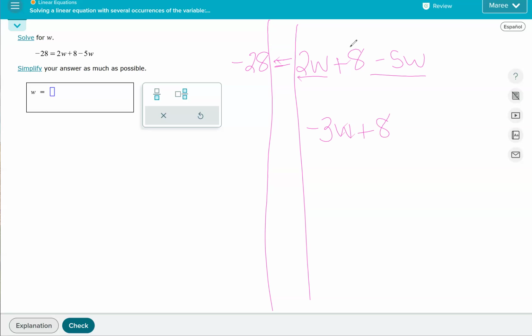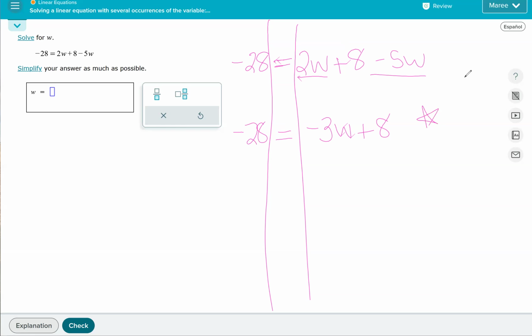When we subtract numbers that have opposite signs, we subtract the numbers themselves, like 5 minus 2 is 3. And then the number that is farther away from 0 on the number line, whatever sign that number has, your answer will have that sign. So in other words, negative 5 is farther away from 0 than 2, so our answer has to be negative. So that's how we get the negative 3w, and then that equals negative 28.